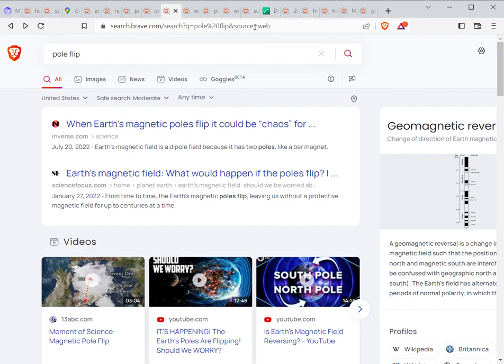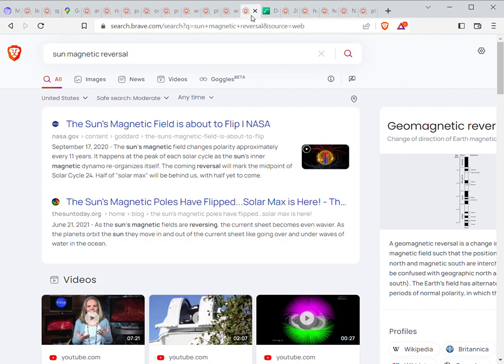But anyway, in the sun's magnetic field, something different is happening. With the Earth, these don't appear to be related, is the point I'm making here.